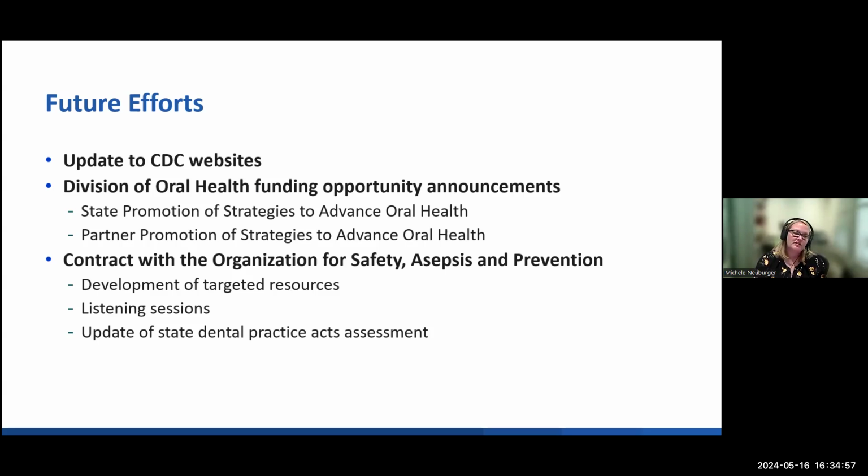And we also did a 2016 assessment of state dental practice acts for where they mention adherence to CDC guidelines, and also which states require continuing education in infection control.